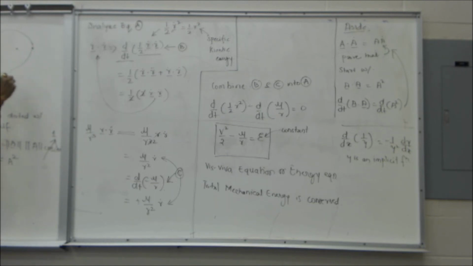This is your R, orbiting body, central body. This is your R, and this would be your V. If you cross those two, what direction would the cross product of any two vectors be?